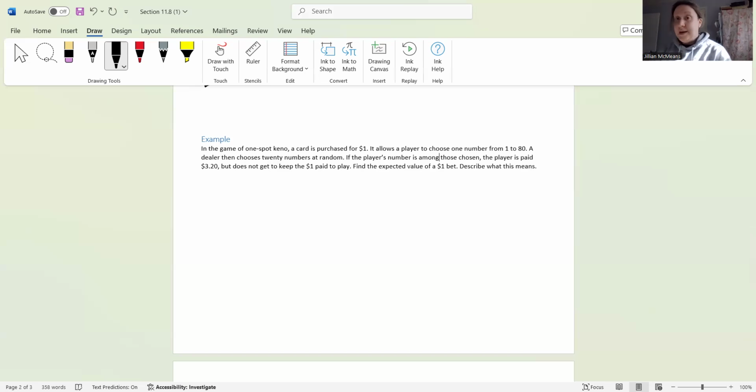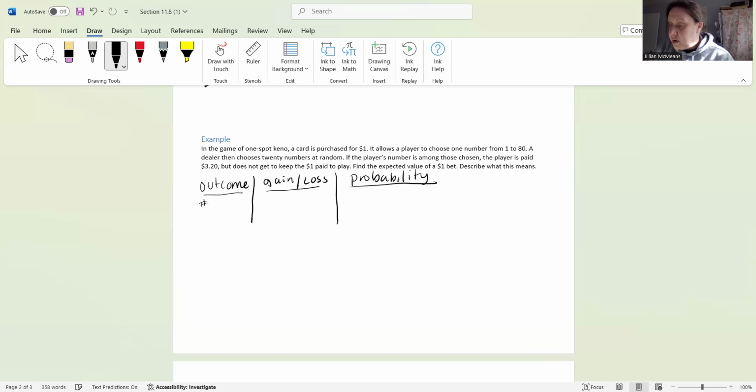Okay. So let's make a table. So we have the outcome, we have the gain or loss, and then we have the probability. Those are kind of the basics to these tables. So be prepared to create some of these in your homework, okay? Now, the gain or loss here is going to be associated with two outcomes. Your number is one of those chosen or it is not.